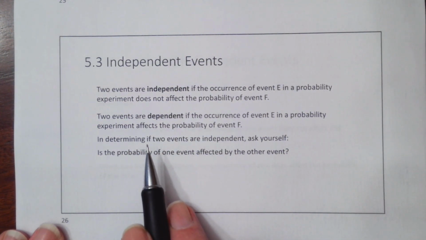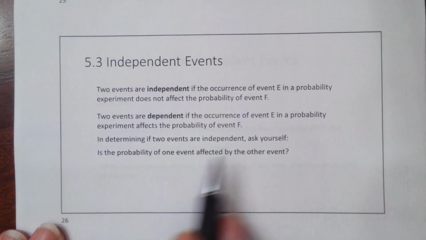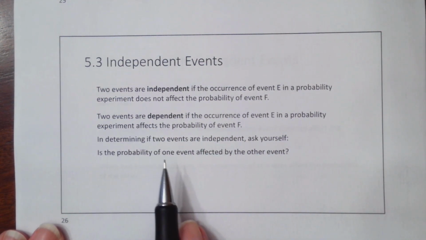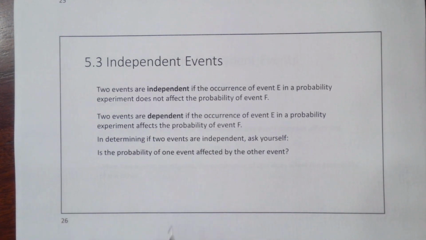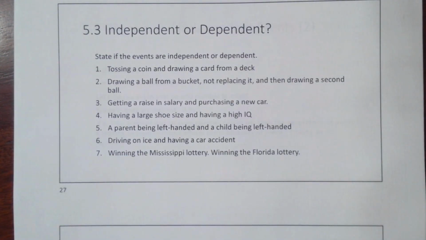In determining if two events are independent, ask yourself, is the probability of one event affected by the other event? Okay, so we'll look at some examples to figure this out.